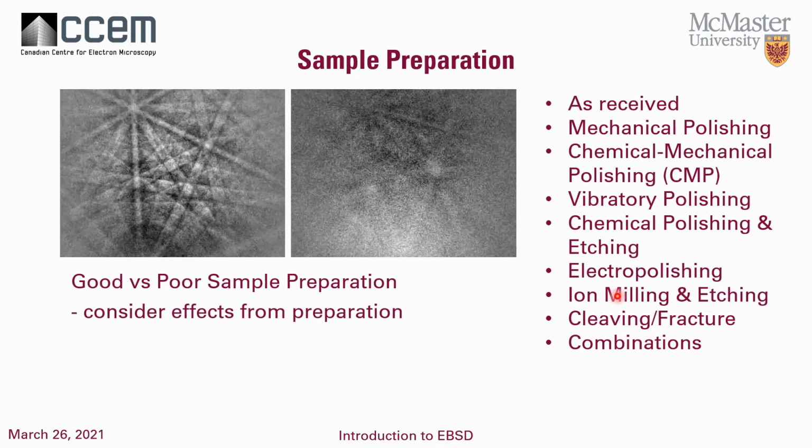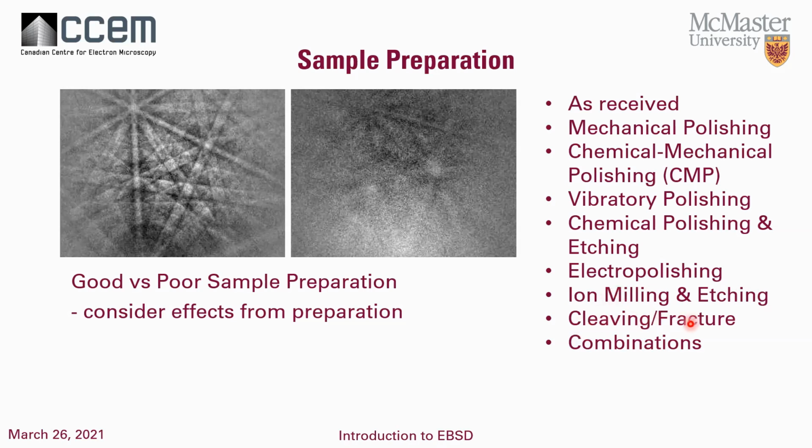Ion milling, so we're talking about FIB and using things like argon for milling away material. You can also use it to etch the surface as well. So the milling will leave some artifacts, which I'll show you in a moment.